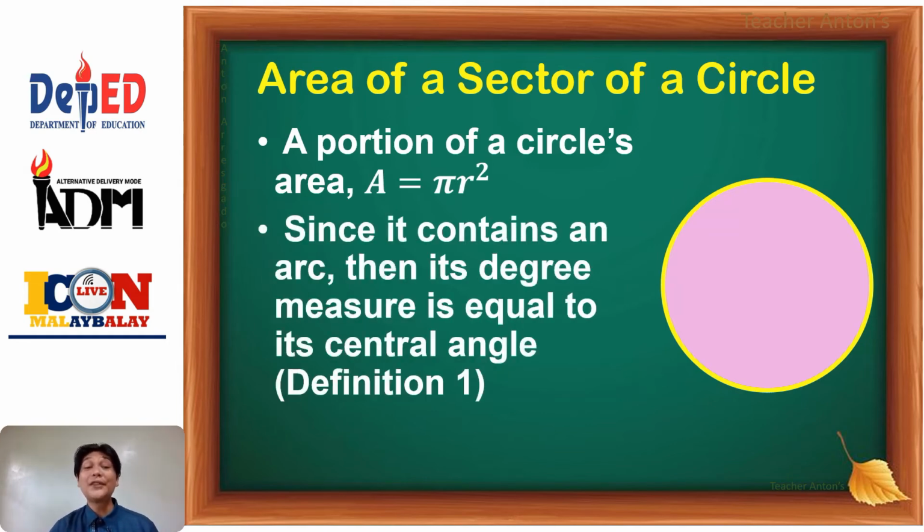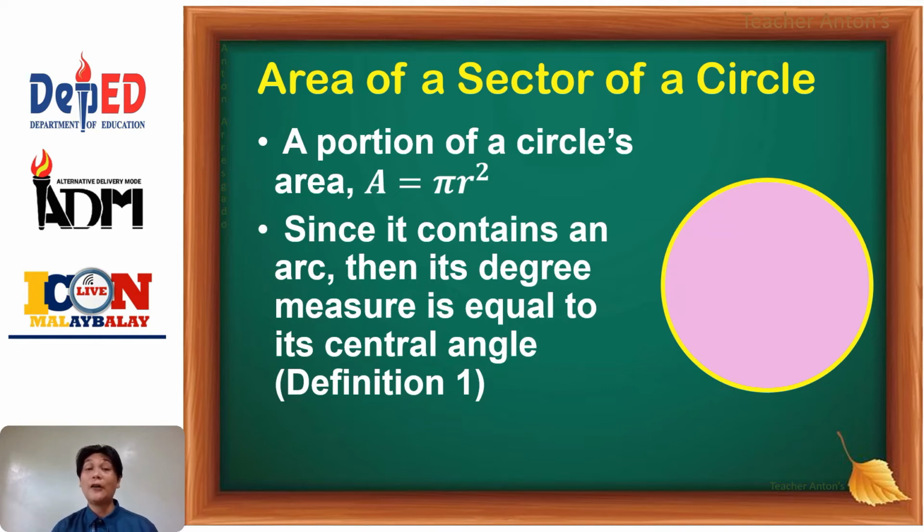Next, since it contains an arc, its degree measure is equal to its central angle, from Definition 1 in our previous topic, which was in Week 4.